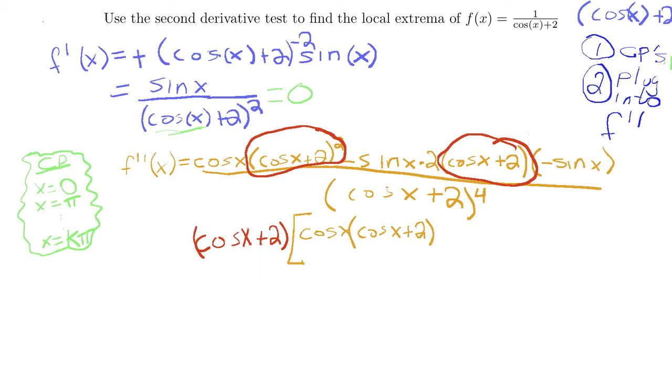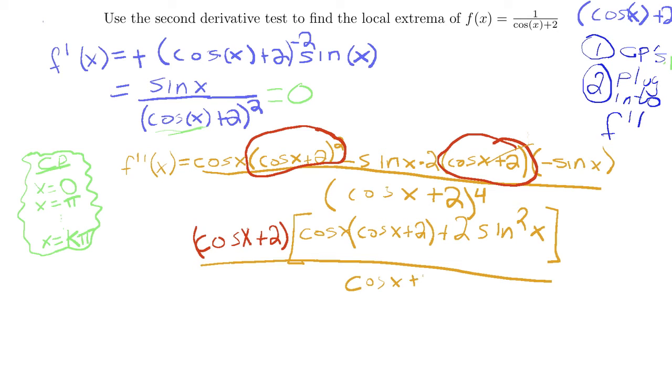And then here I have 2, so this one I factored out, so I no longer have to worry about that one. And then negative sine times 2 times negative sine, that's going to be plus 2 sine squared x, all over cosine x plus 2 to the 4th.